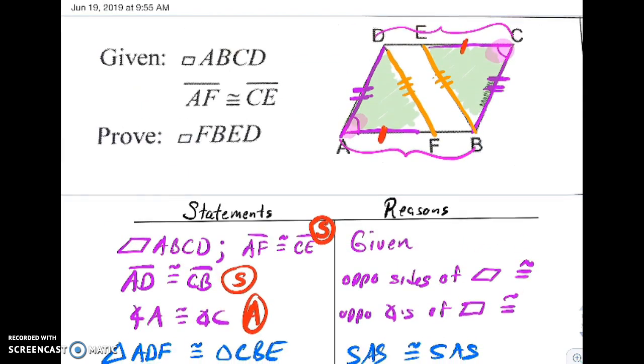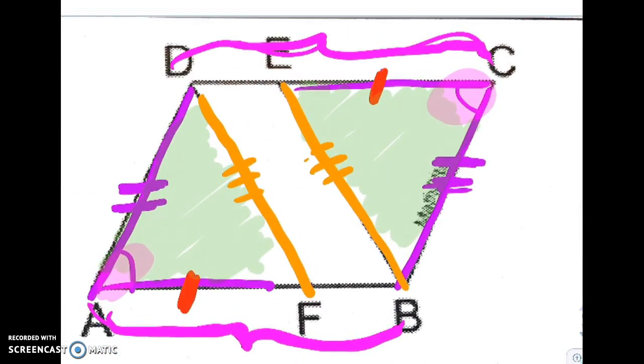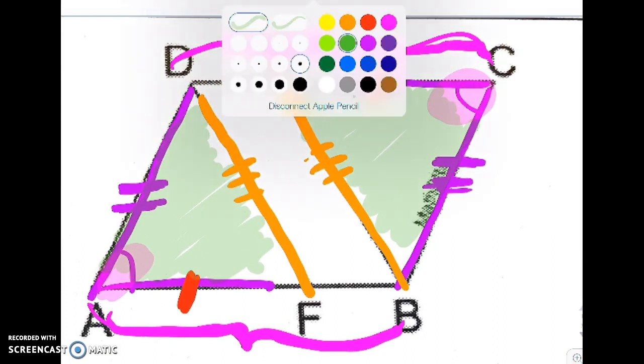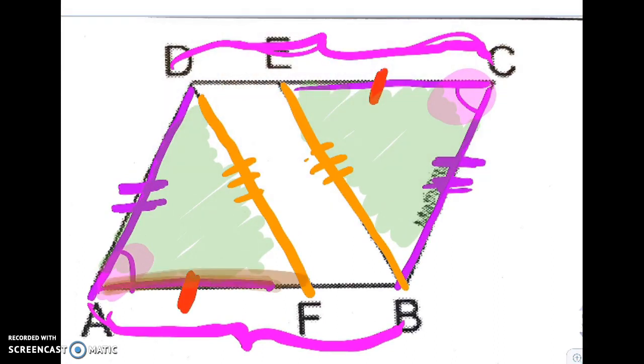So I now know that, like I said, these two sides here are congruent. If I know that those entire sides are congruent, and I also know that this and this were originally congruent, then I can just subtract. If I subtract two congruent things from two other congruent things, then what's remaining has to be congruent.